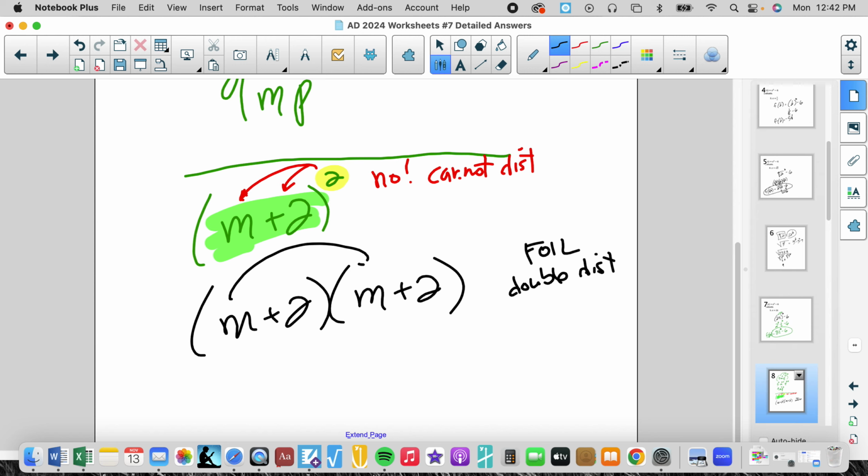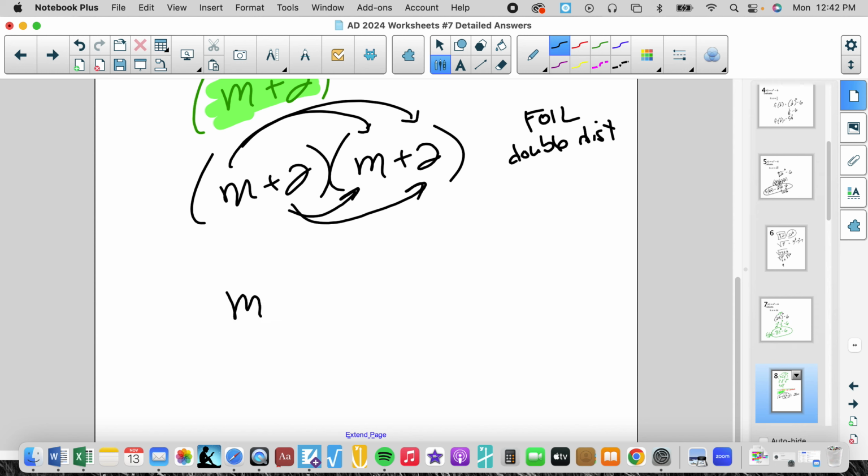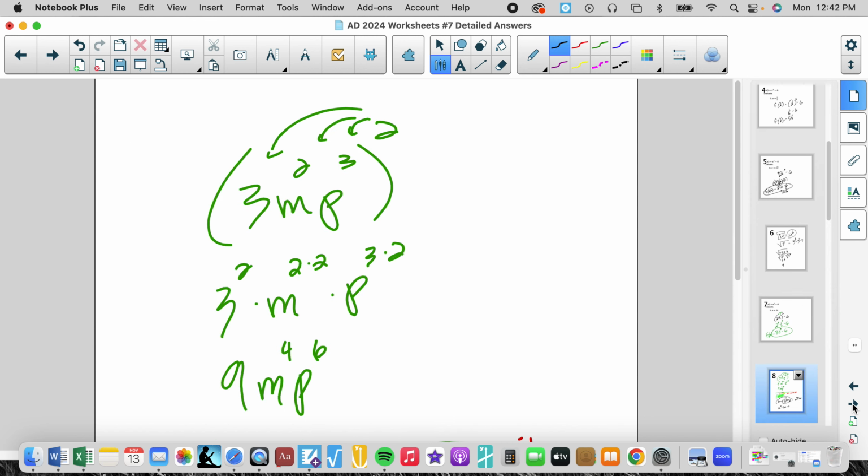So we distribute the m to the m and the 2. We distribute the 2 to the m and the 2. And you should be able to write this really quickly. You should be able to know how to multiply binomials. You want to do well in the Academic Decathlon? Know your multiplying of binomials. So that's a good one.